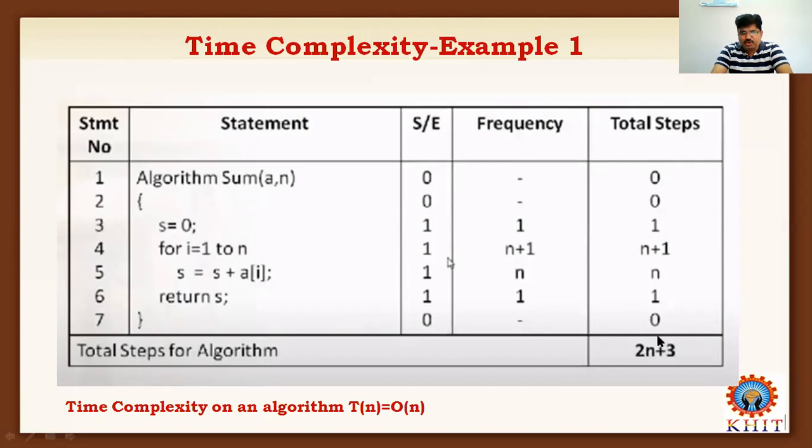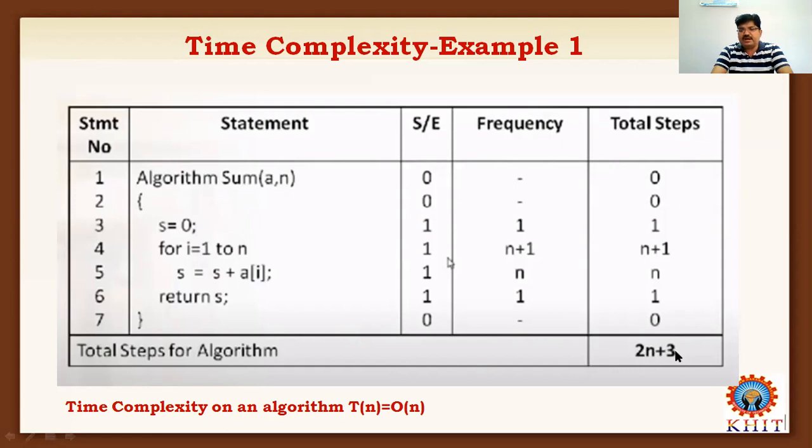But how do we find the time complexity of a given algorithm? This is the expression we got, and based on the expression we need to neglect the constant values. In the given expression 2n plus 3, the constant values are 2 and 3.